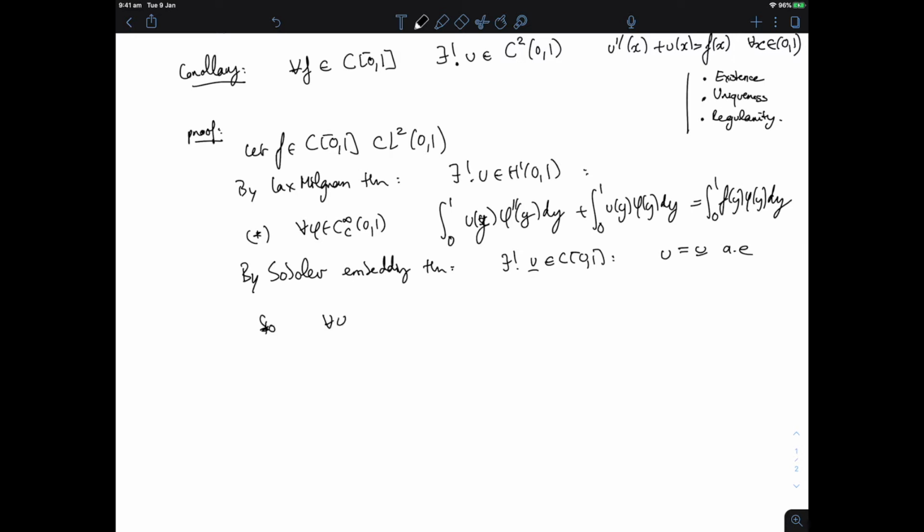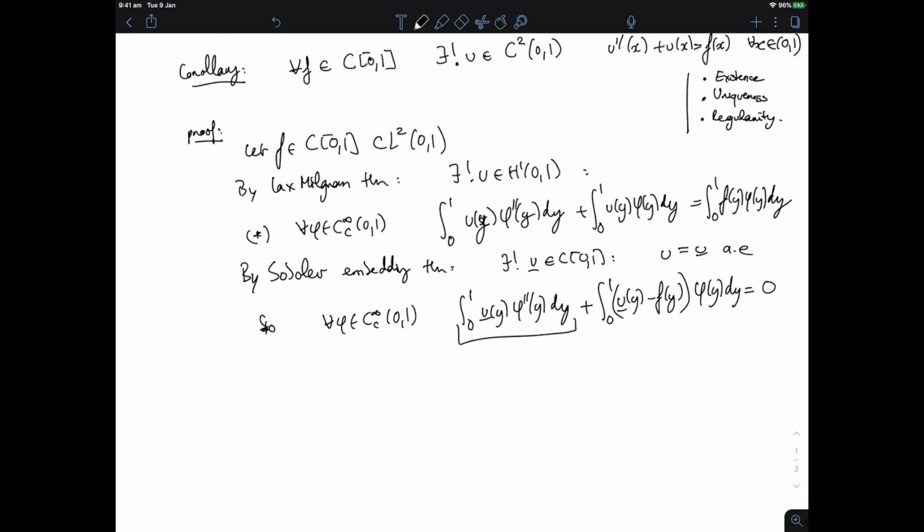So we're going to have that for every phi compactly supported C infinity in (0,1), the integral from 0 to 1 of u bar of y phi second of y dy plus the integral from 0 to 1 of u bar of y minus f of y times phi of y dy is going to have to be 0. And now let me remind you what the definition of the weak derivative is.